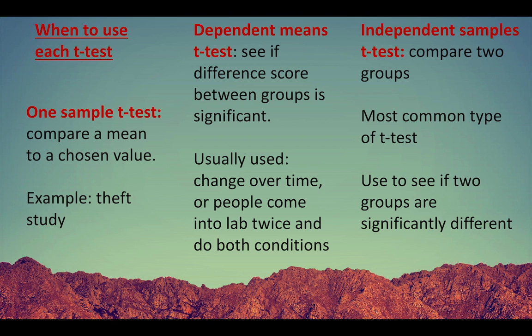of t-test. A one-sample t-test is when you compare the mean in the sample to a chosen value, like 0 or a different value. Remember in class when I told you guys that we used this in a theft study I did? We wanted to see if giving people the drug Tylenol would cause them to steal more money from the lab.